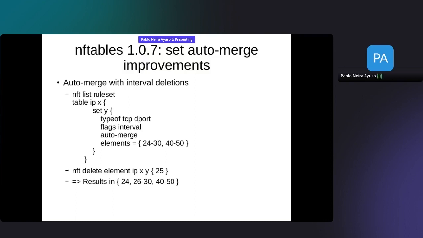This is only supported with singleton selectors, that is, only TCP port or IPv4 address. No concatenations are supported with this feature at this stage, and it would be good to explore if that makes sense.